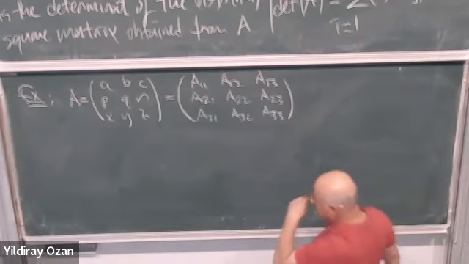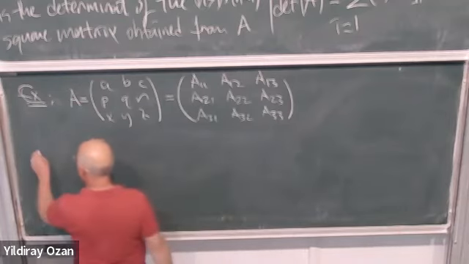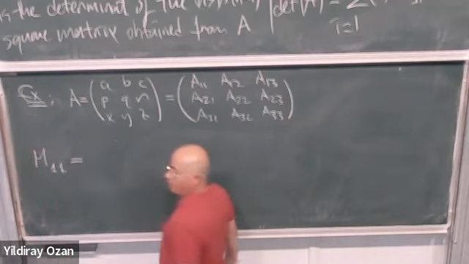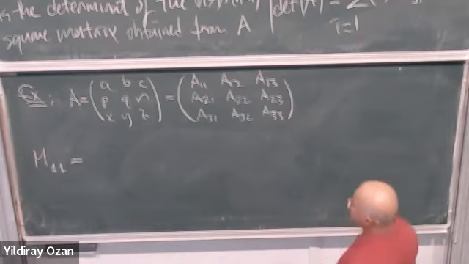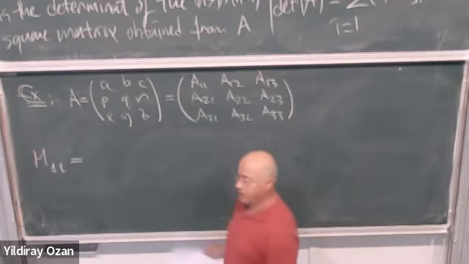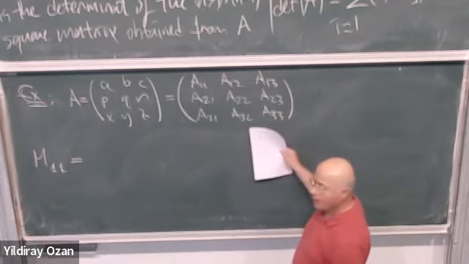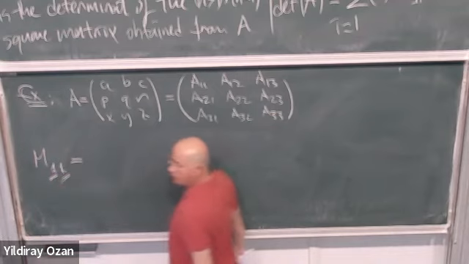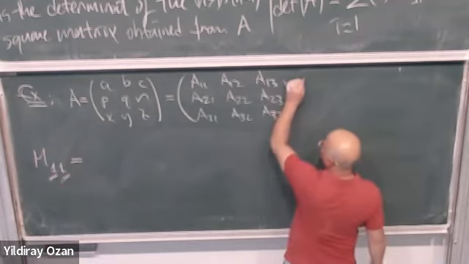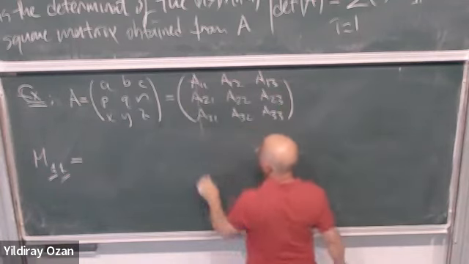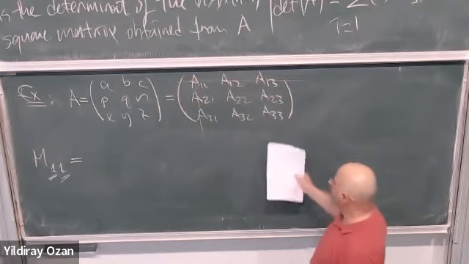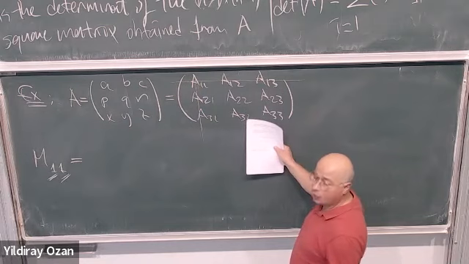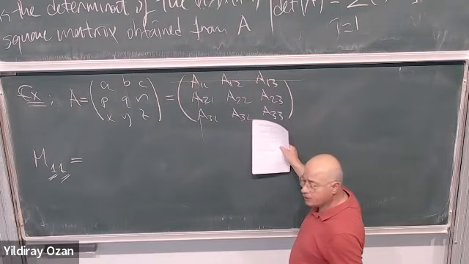Now, what are the minors? For example, what is M11? What is the definition? This is the determinant of the matrix obtained from A by deleting the first row and first column. Whatever is left is a 2 by 2 matrix.